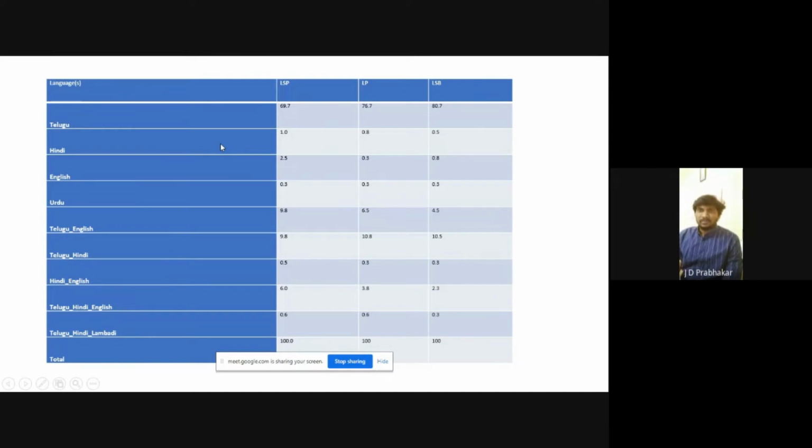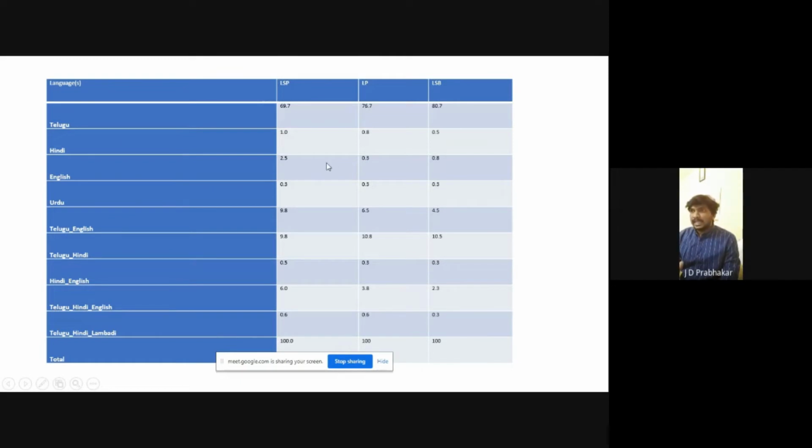So Hindi is very low, 1.0%, 0.08%, and language with subordinates only 0.5%. And English is only confined to 2.5% with LSP. Only the employees who speak to their subordinates are confined to 2.5% of English.